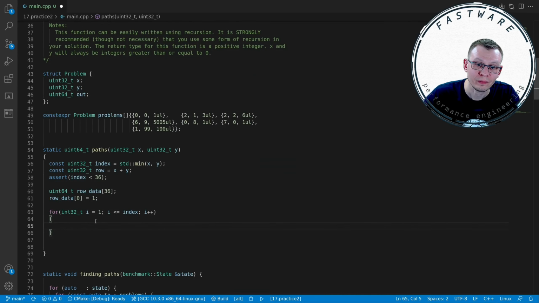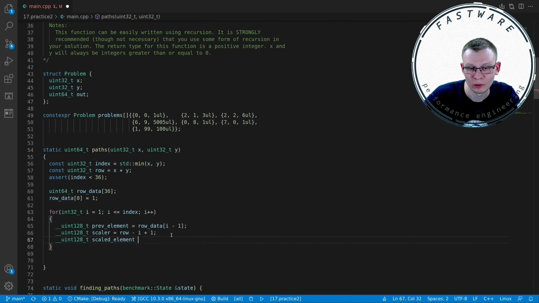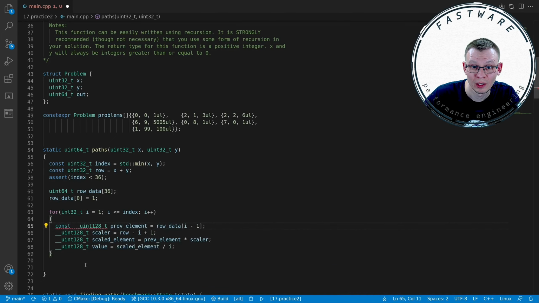Other than that, the algorithm inside of the loop to compute the row data is exactly the same. The only difference, as you probably notice, is that 128-bit type. I use that for a very weird reason. I want to check for overflows. So in 128-bit types, even if the previous time scalar overflows, I am able to infer that. So that's exactly what I do.